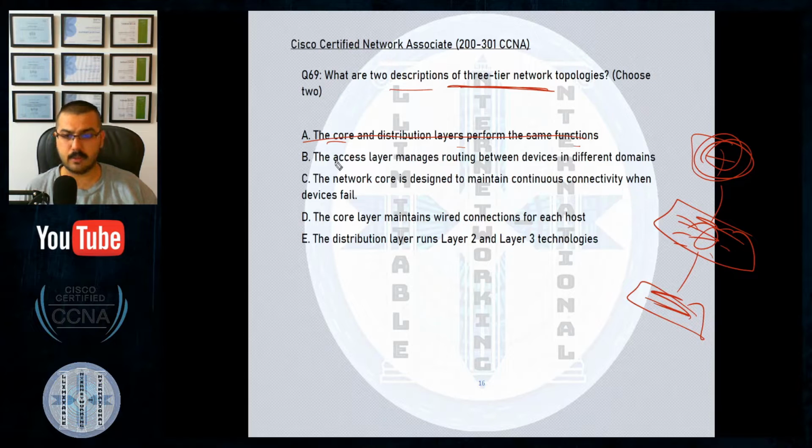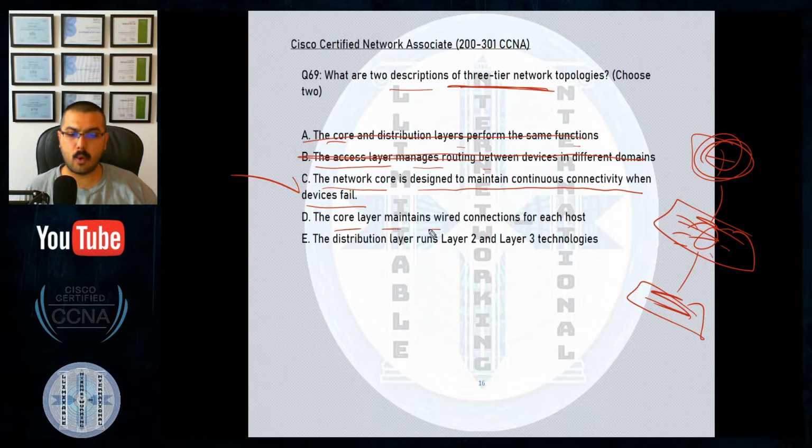This is completely different. The access layer manages the routing? No, mostly the access layer is layer 2, not about routing. The network core is designed to maintain continuous connectivity when devices fail. Definitely you will find a ton of redundancy in the network core.